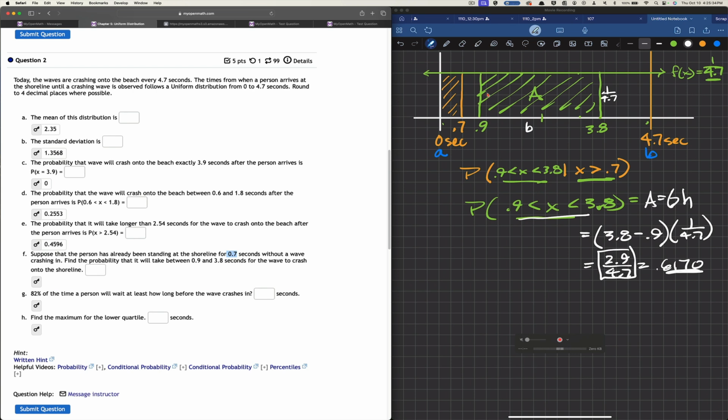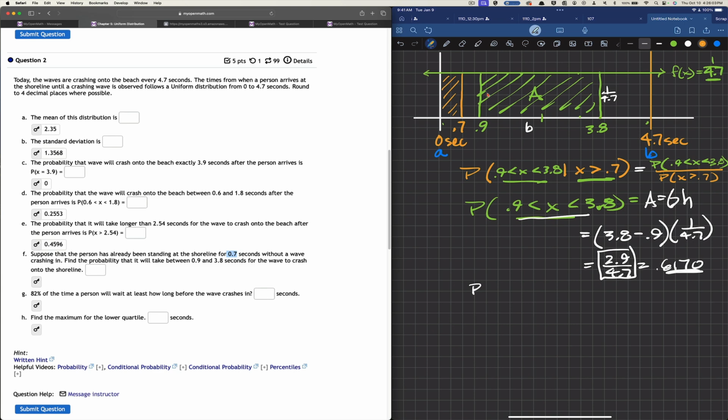So really, I have to take this green probability, between 0.9 and 3.8, and divide it by the probability of x being greater than 0.7.